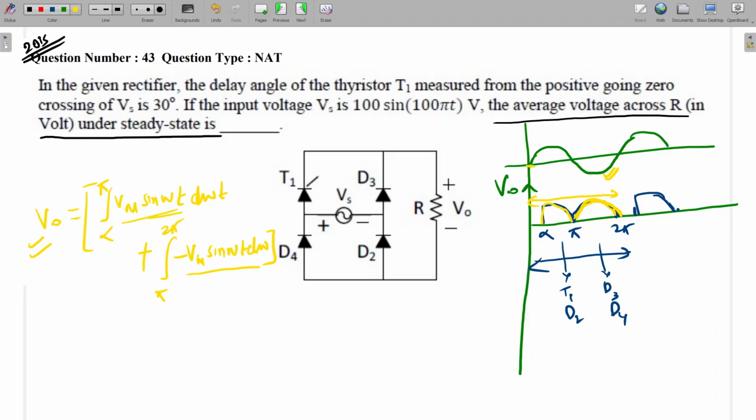Is it clear? Here it will be 1 by 2 pi, so I am taking Vm upon 2 pi outside. And the integral of sin omega t will be minus cos omega t. So here it will be minus cos omega t from alpha to pi, plus cos omega t from pi to 2 pi. Is it clear to all? Can anyone reply?